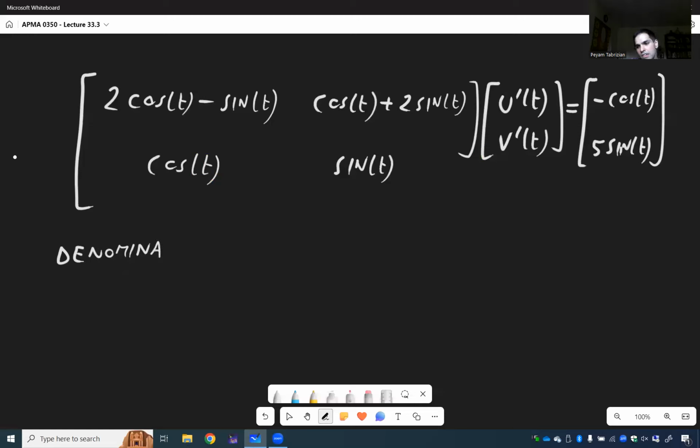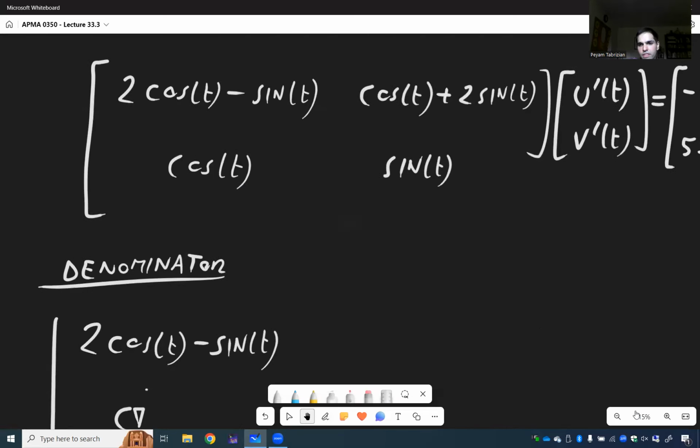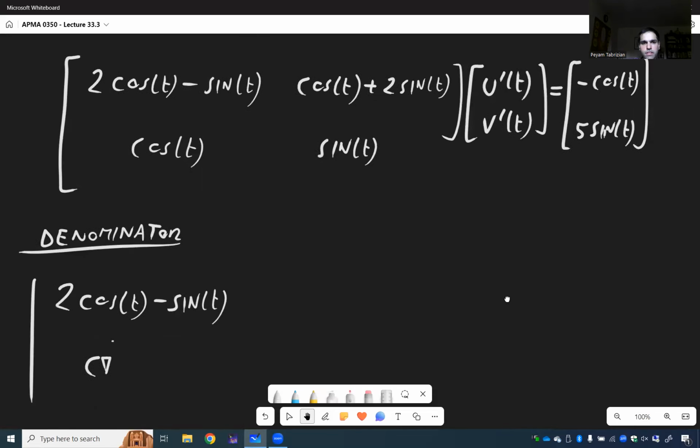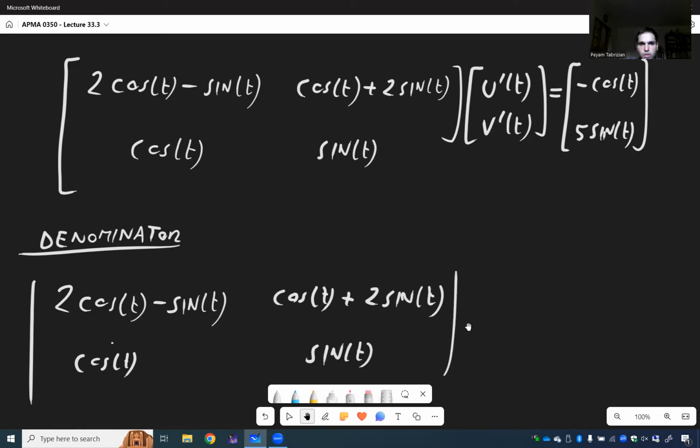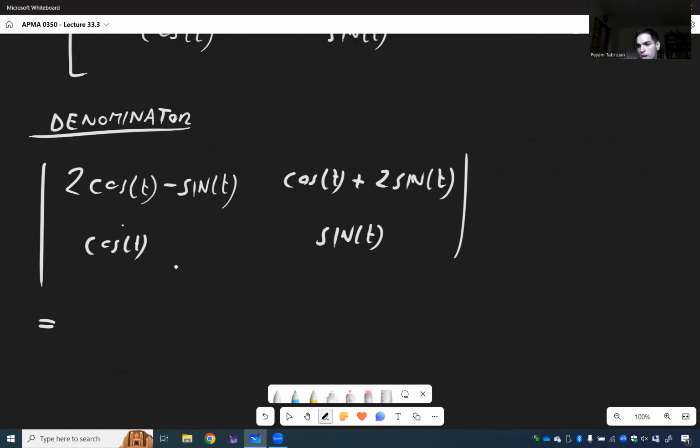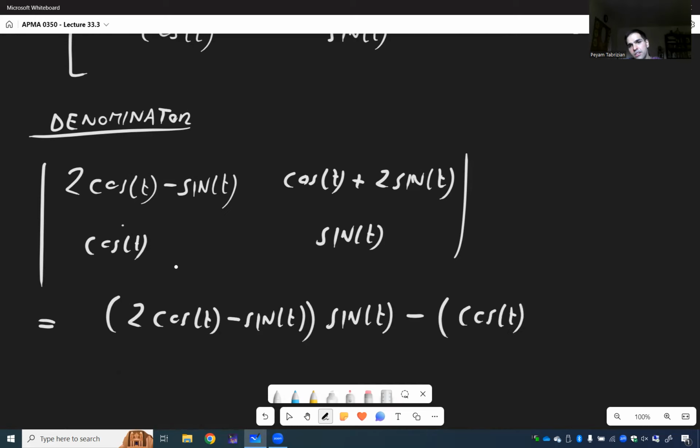So let's look at the denominator, which you'll see simplifies like a charm, because we have 2 cosine of t minus sine of t times sine of t, minus cosine of t plus 2 sine of t times cosine of t.